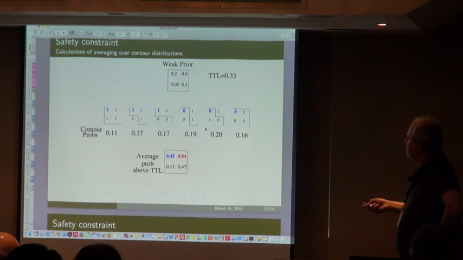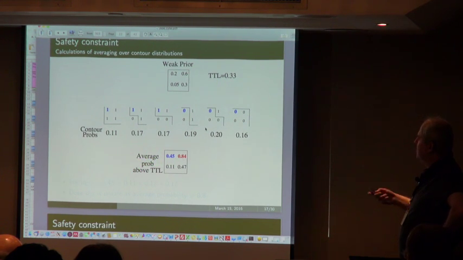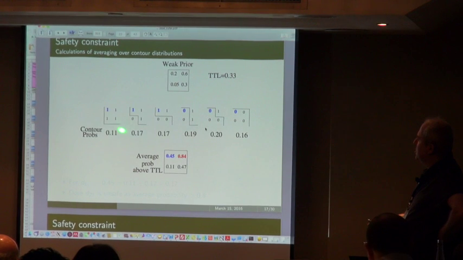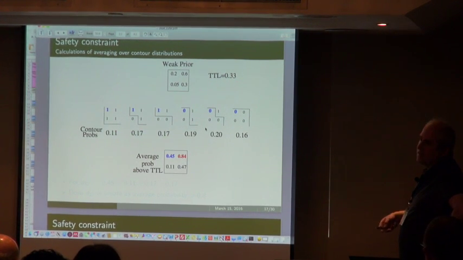Now, how we do the contour averaging is, we average the probability of a toxicity over this distribution. If you think about the top left cell, it is toxic for those 3 contours, but not for the others. So we just add these up. This is the averaging over the contour. That's 0.45, the addition of those 3.